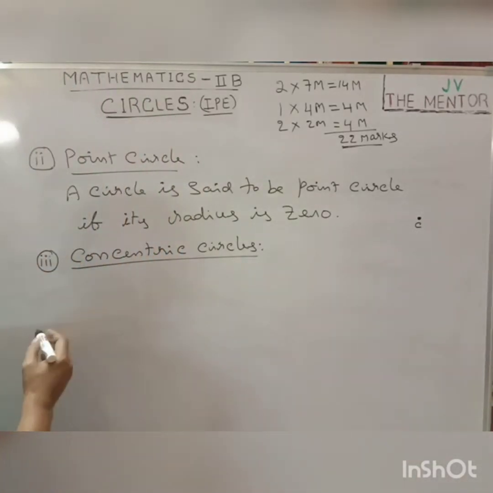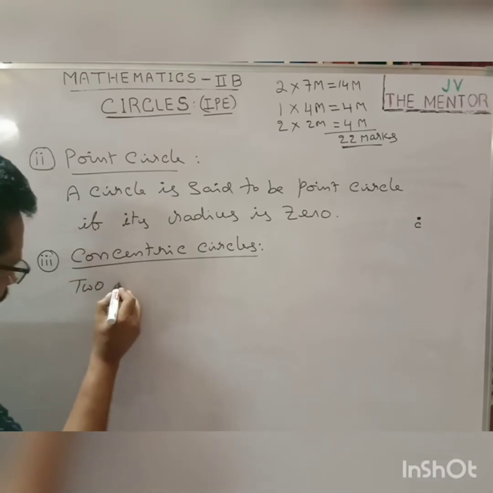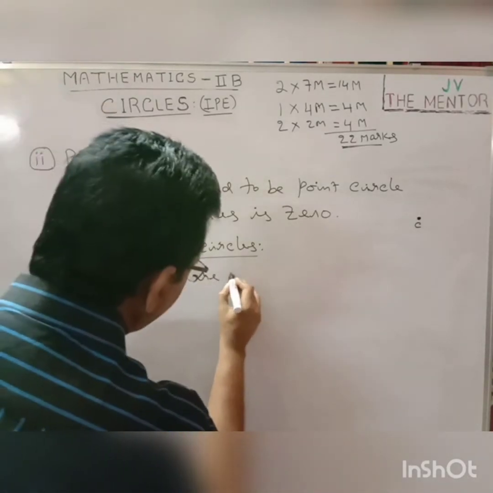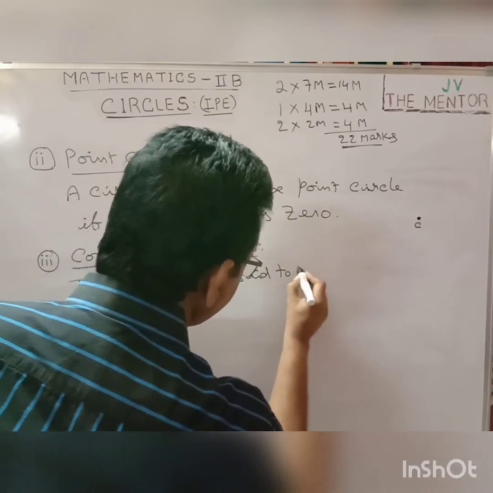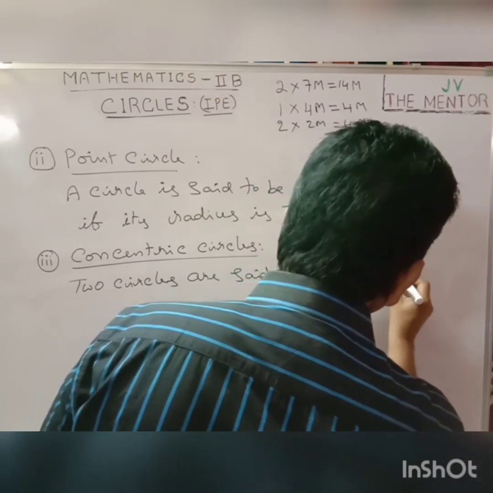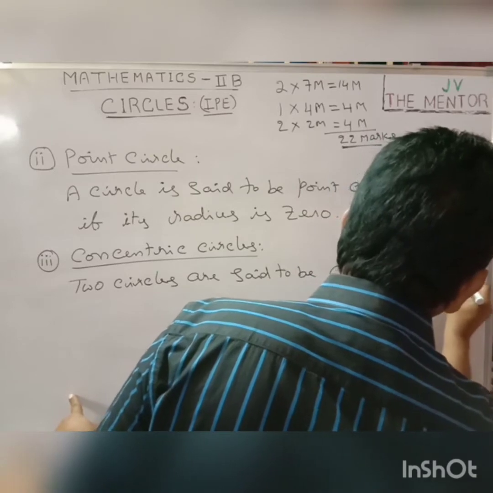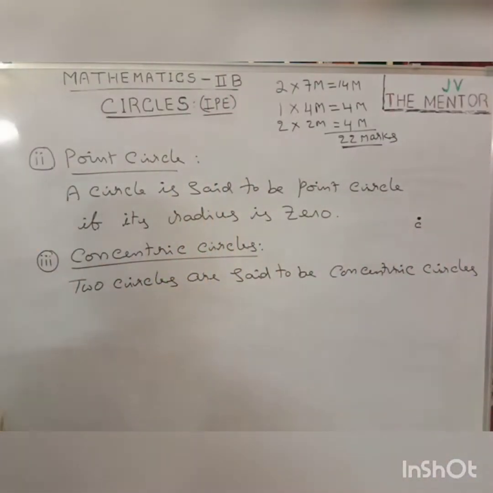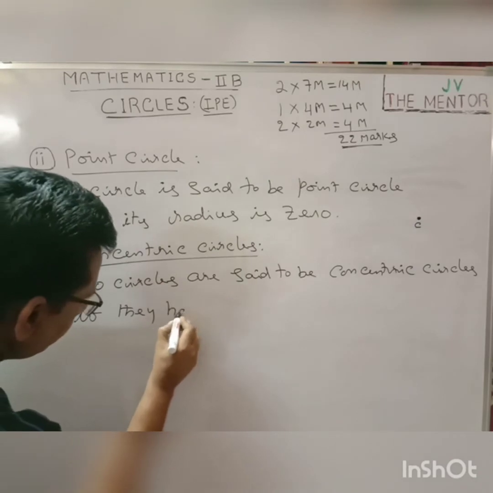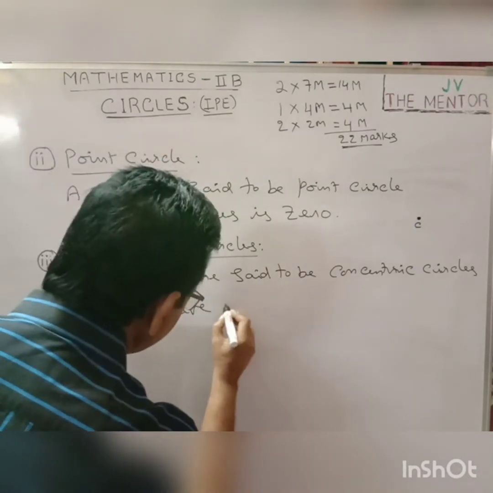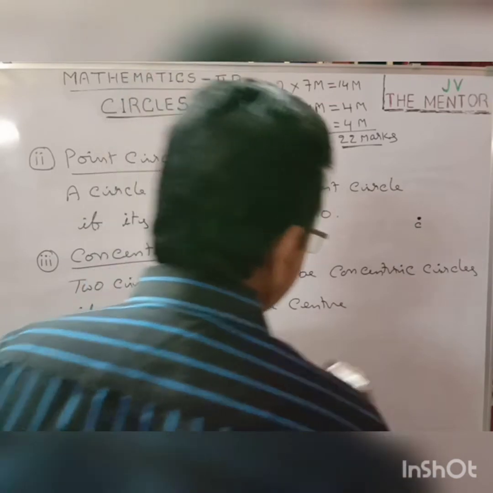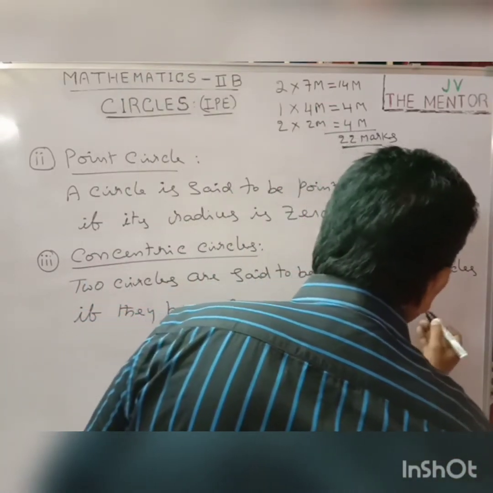Two circles are said to be concentric circles if they have the same center and different radii.